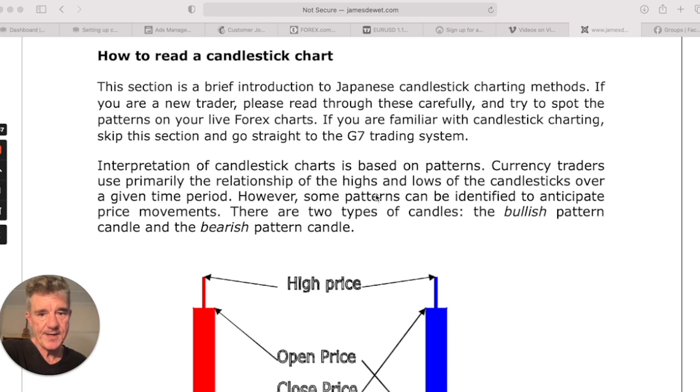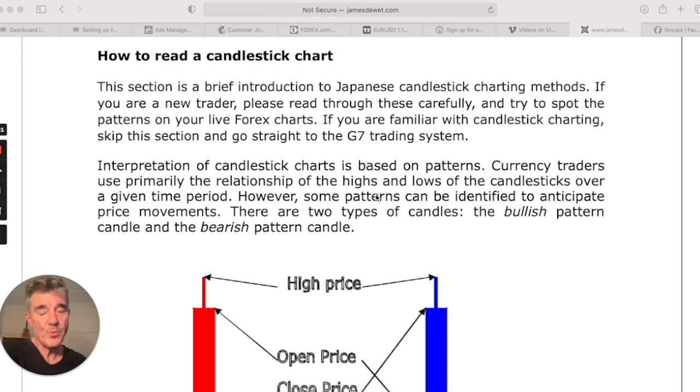If you're a new trader, and I assume that many of you are new traders because that's why you're on this course, please read through these carefully and try to spot the patterns on your live Forex charts. So you've got your chart set up already, hopefully by now. If you haven't, you can do so in the hours and the days and the weeks to come.